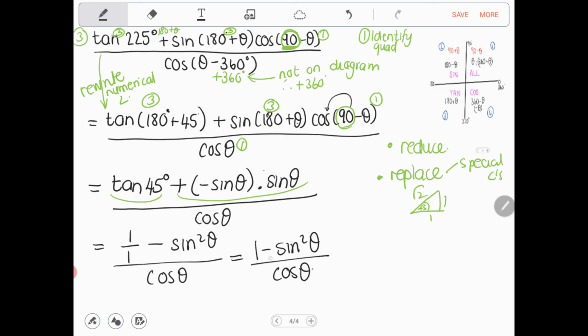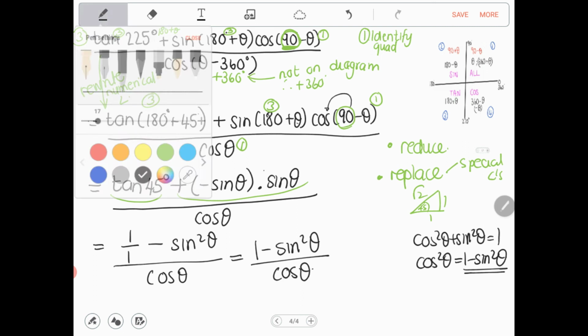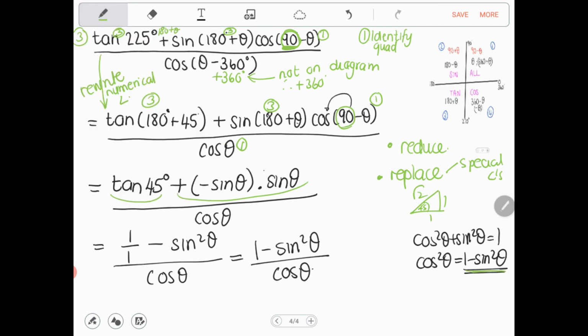All right, do you recognize a 1 minus sine squared? Remember we said cos squared plus sine squared is equal to 1. So cos squared theta was equal to 1 minus sine squared theta. So I can replace the 1 minus sine squared at the top here with cos squared.